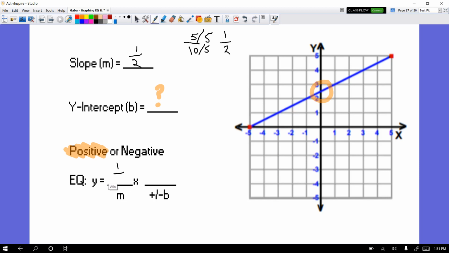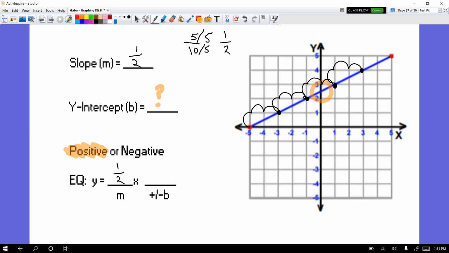So if we have 1/2, let's go ahead and check that. Up 1 over 2. There was a point that's not labeled. Up 1 over 2. There's a point that wasn't labeled. Up 1 over 2. There was one. Up 1 over 2.